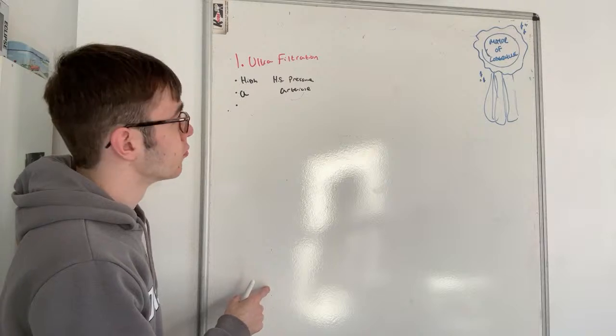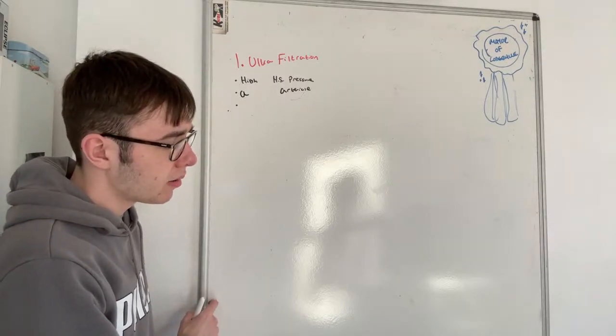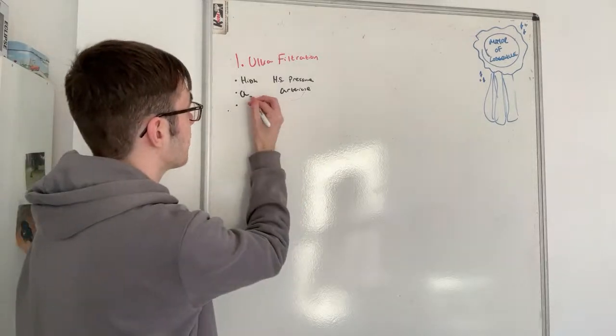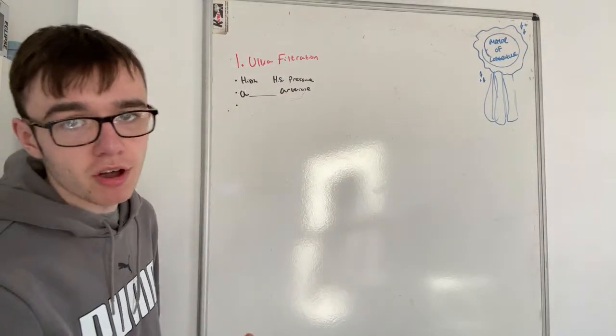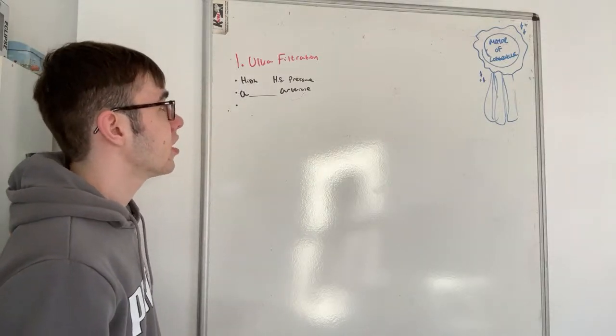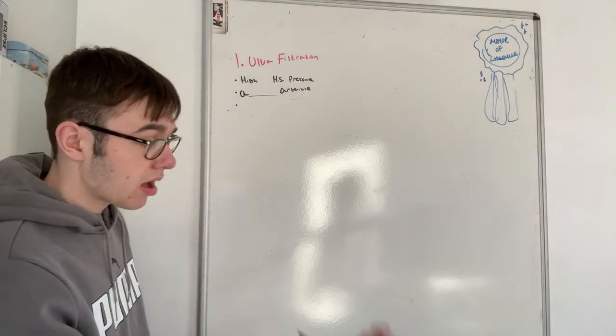Is it like the efferent arterial or something? I don't recall. Again, just learn this topic. There's going to be some words that I don't recall. Ultrafiltration. High hydrostatic pressure in the arterial.